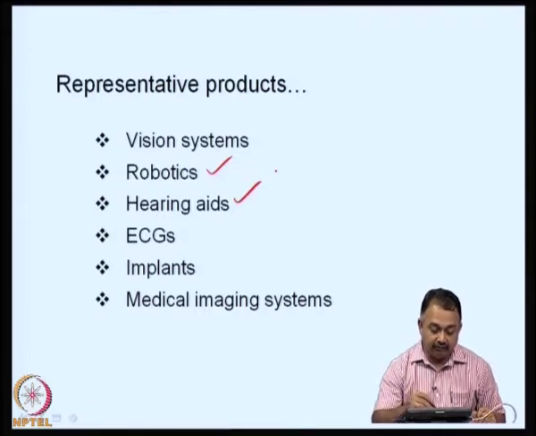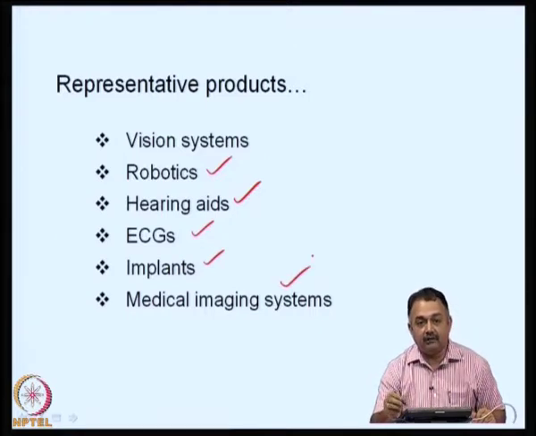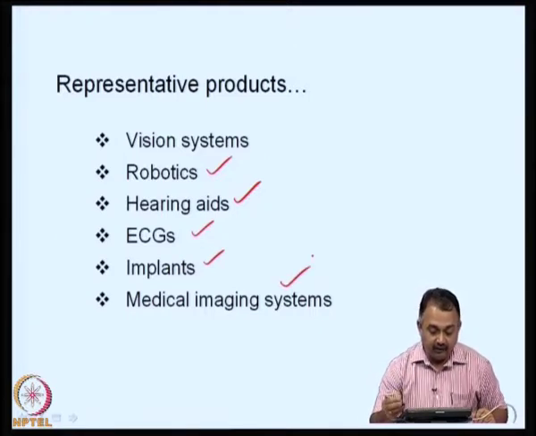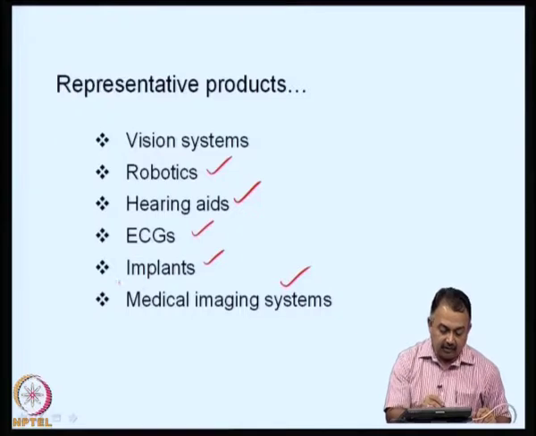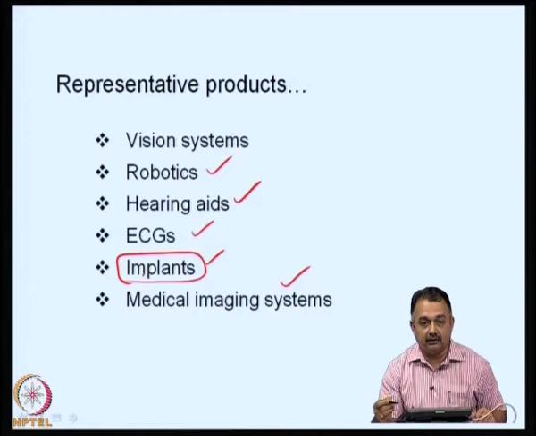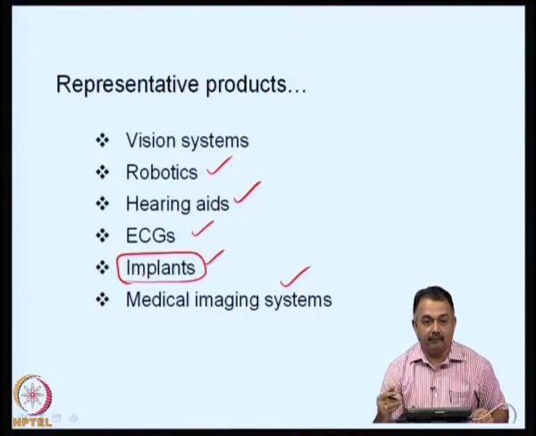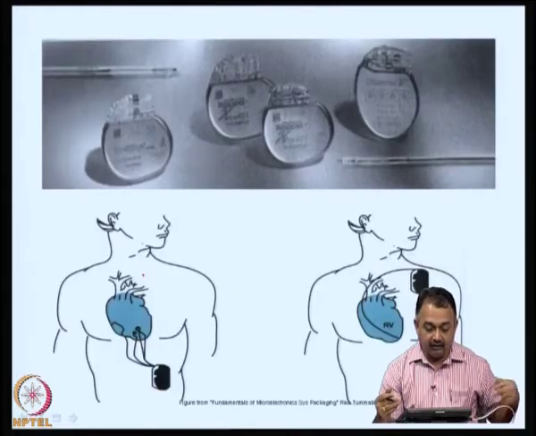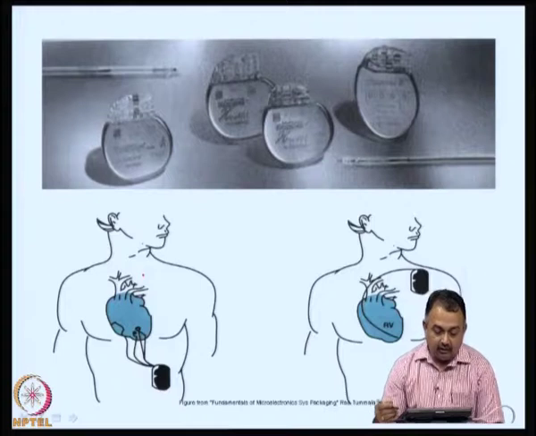Hearing aids, ECGs, implants, medical imaging systems, all of these come under medical care electronic systems. Of these, the products that occupy a very small area or size are the implants, and these go directly into the patient's body. I have a particular example to show.